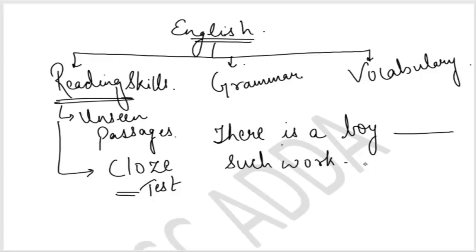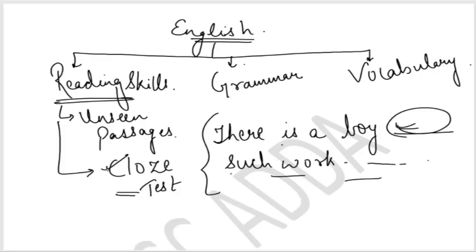There will be certain blanks in the sentence, and for each blank there will be three to four options, and you need to fill that option and complete the passage. This is called close test. It is a kind of fill in the blanks only, but in the form of a passage. Is that clear?